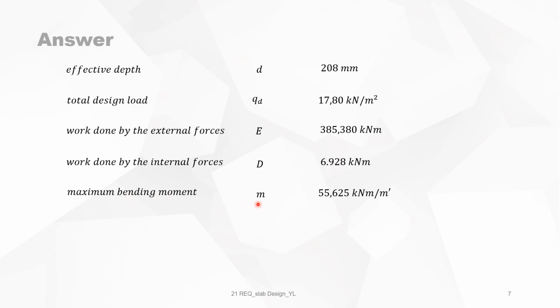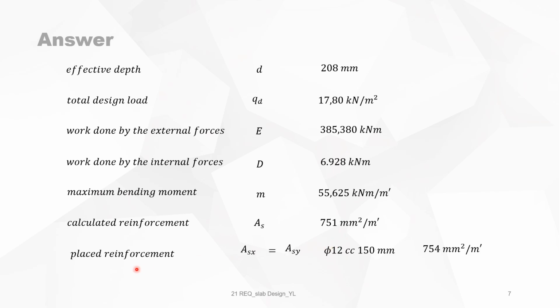And the maximum bending moment or plastic bending moment is 55.6 kilonewton meter per meter. And the calculated reinforcement is 751 square millimeters per meter. And the applied reinforcement in the two directions is diameter 20, center to center 150 millimeters.